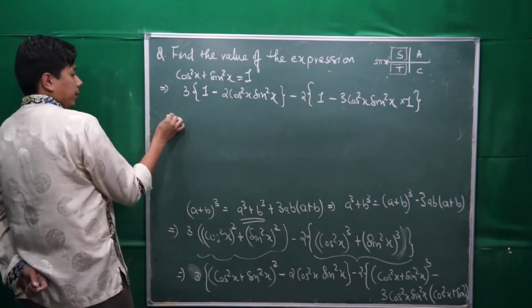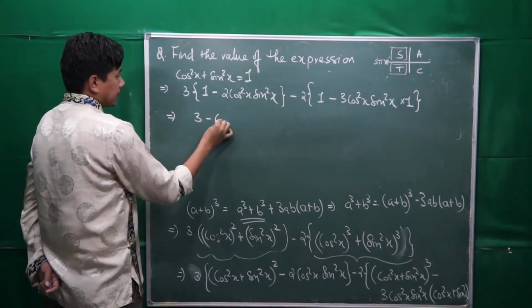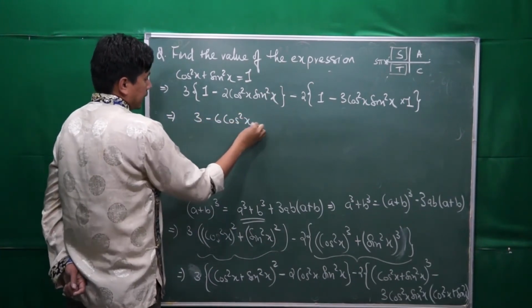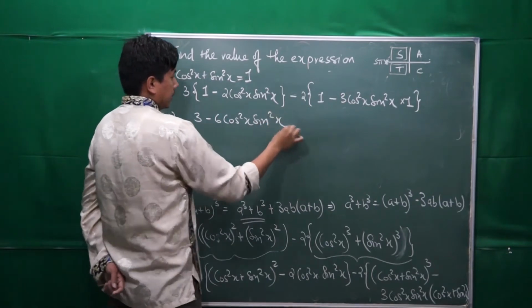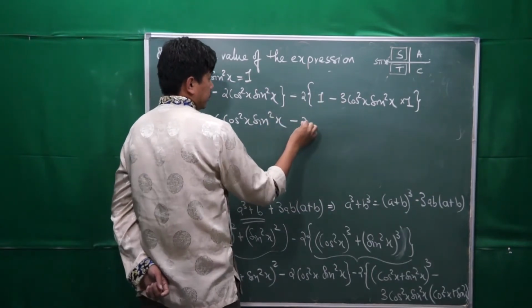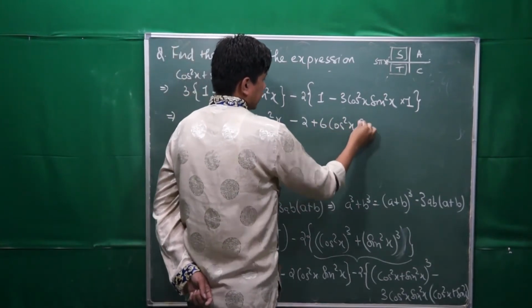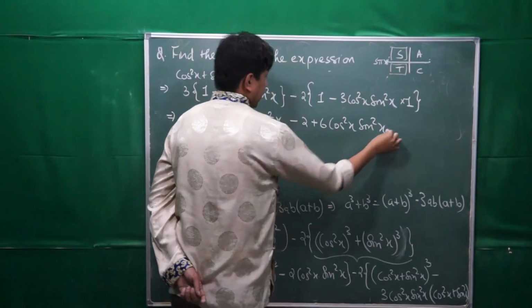Simple. So if you open the curly brackets, we're going to have 3 minus 6 cos square x sin square x. We open this bracket, we're going to get minus 2 plus 6 cos square x sin square x.